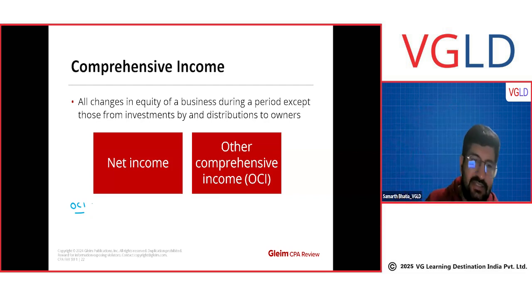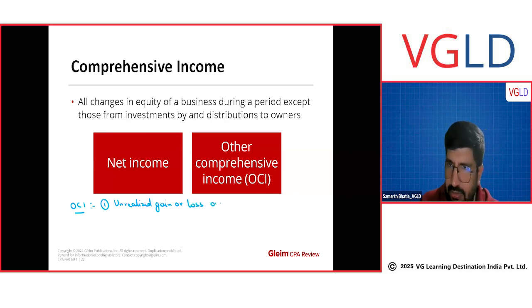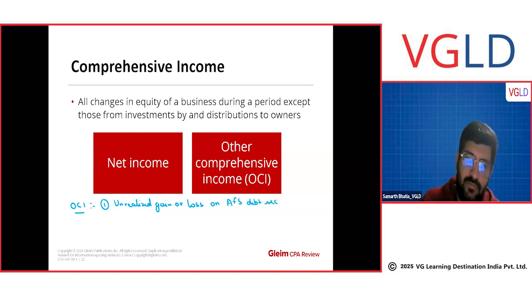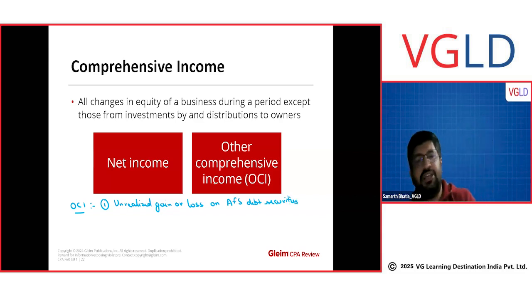So the first item is unrealized gain or loss on available for sale debt securities. Debt securities will be classified into three parts.